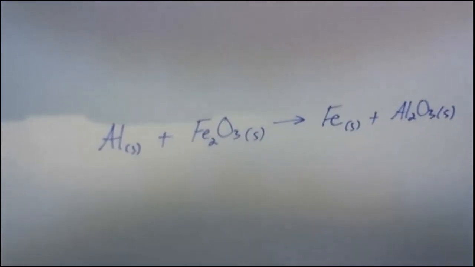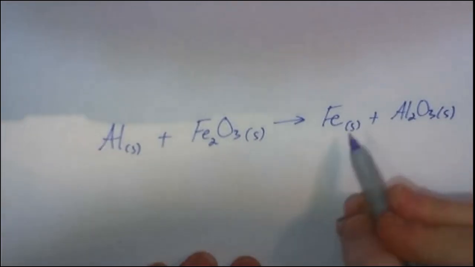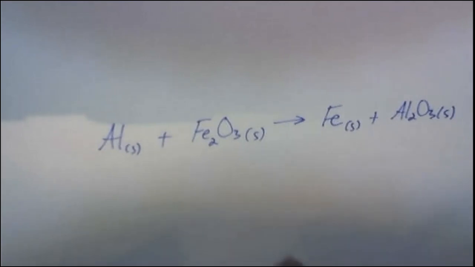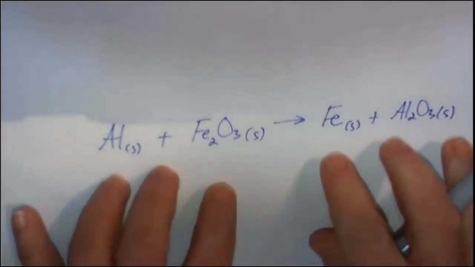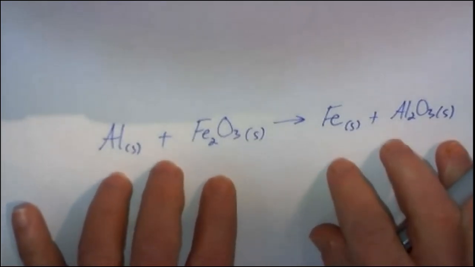Okay. So Jack, you said in a chemical change, a chemical reaction, new things are formed with new chemical identity. Prove it. How is this showing that?